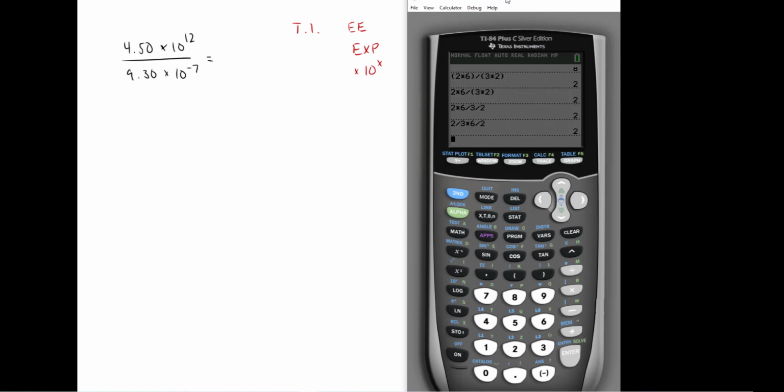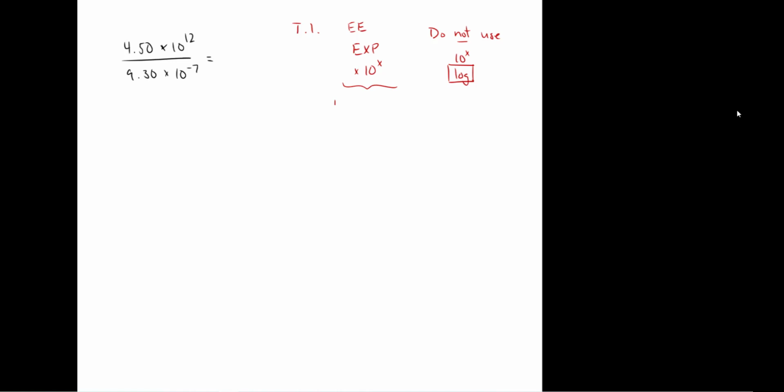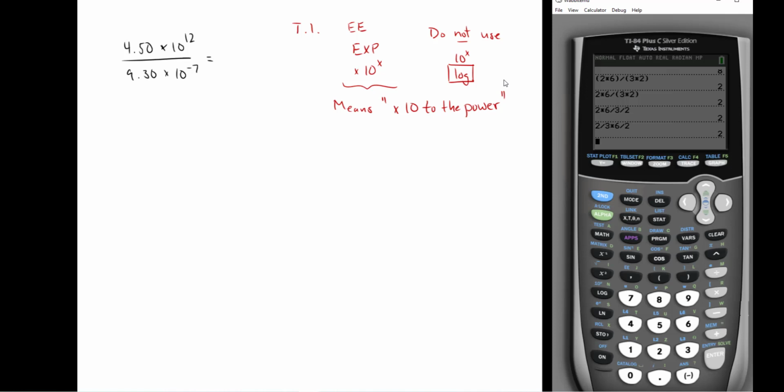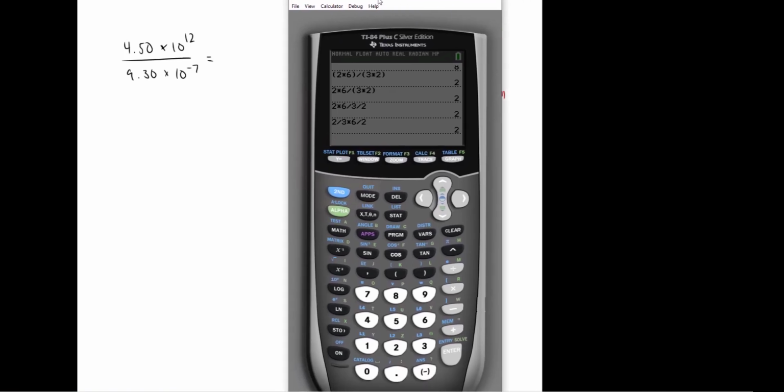If you think about it, the way this button works is it means times 10 to the power, which means you don't have to type in a multiplication symbol. It saves you some extra key pushes, and when you're trying to run through an exam on a fairly tight time limit, that's important.